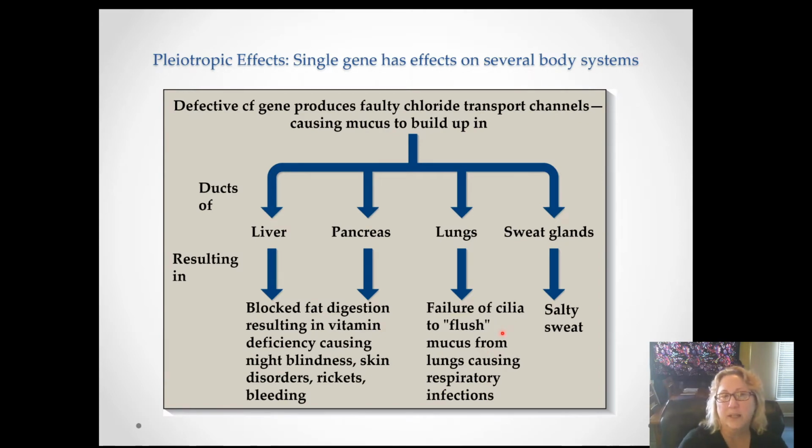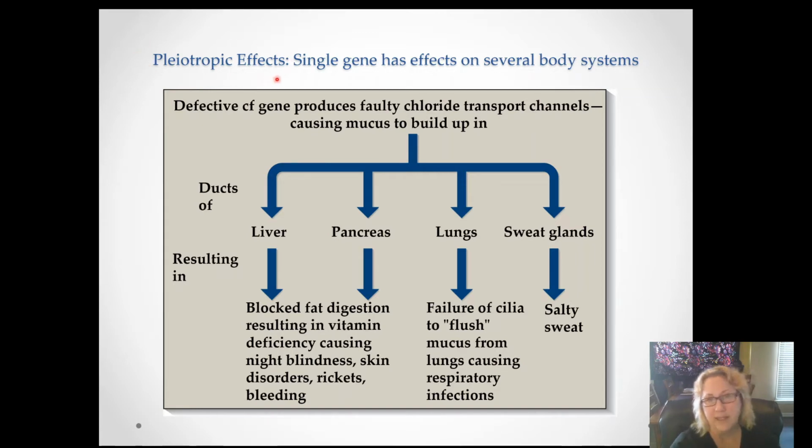Pleiotropic effects. Now, pleiotropic effects in genetics is sort of becoming old-fashioned now. I'm going to mention it specifically because I know some of you are going to go on and take an upper-level genetics course, and it's important to know a little bit about pleiotropic effects.